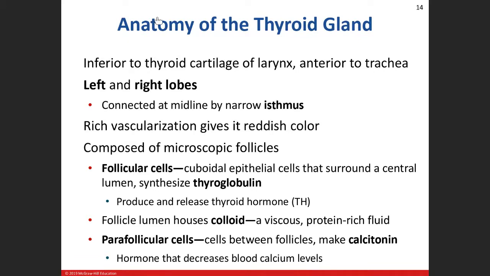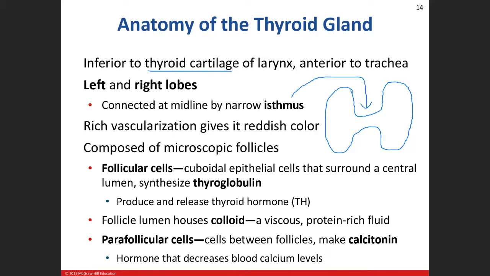Males have a more pronounced thyroid cartilage, so it's easier to palpate where our thyroid cartilage is. The thyroid gland is just below that, and it sits on the front of your trachea. It looks like the letter H, so it has a left and a right lobe, and this skinny portion here is the isthmus, which crosses over in the front.